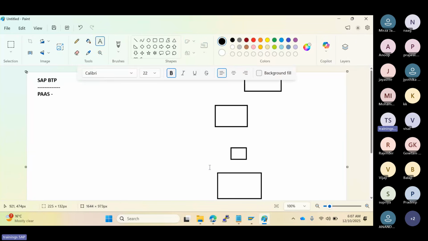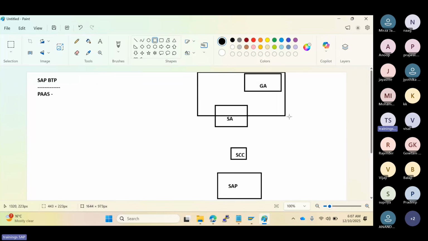So this is the entire structure of BTP. Here is the cloud connector, this is the sub account, and this is the global account. This sub account and everything is in the SAP network zone, the public network zone.